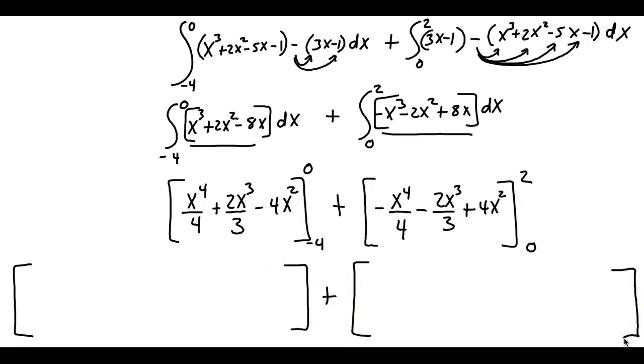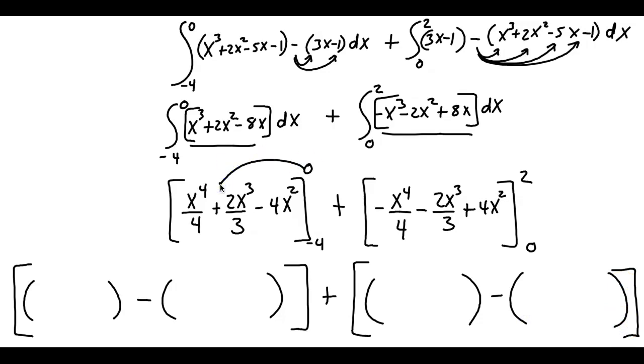It's going to be a lot of numbers here, so organization and setup is key. You want to be nice and neat. So we're just going to go ahead and plug our numbers in here. If I were to plug in 0, all of those numbers are just going to become 0. So I'm just going to put a 0 there. But if you were to plug in -4, I think we can work our way through that one a little bit.